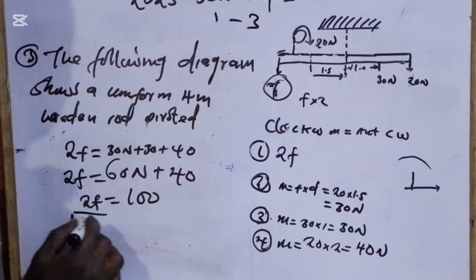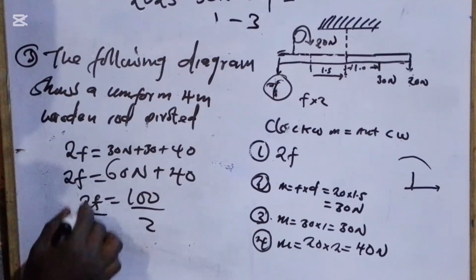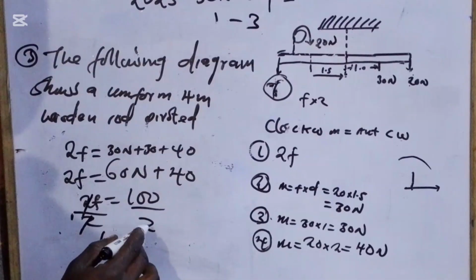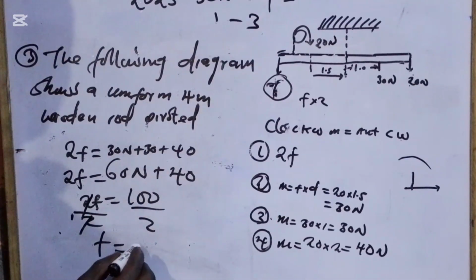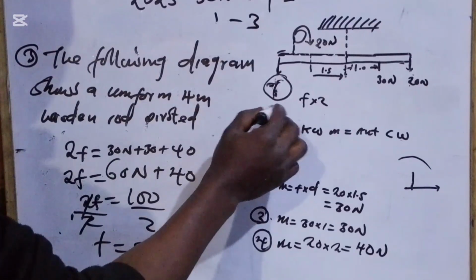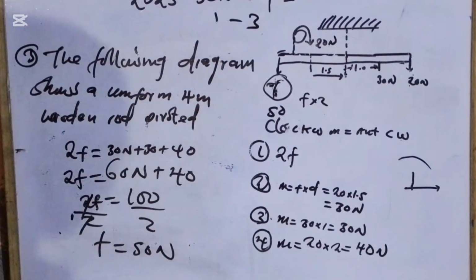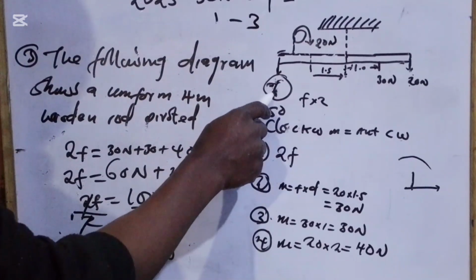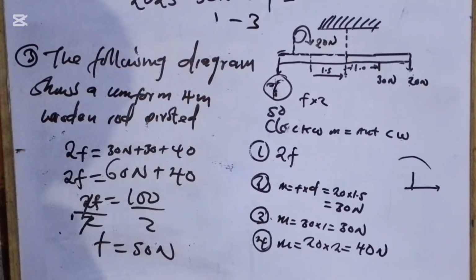Then you divide by 2 on both sides, so that means F is 100 over 2, which is 50. So 50 Newton is our force here, which is acting at this F here. Okay, so this is the answer for question 3.